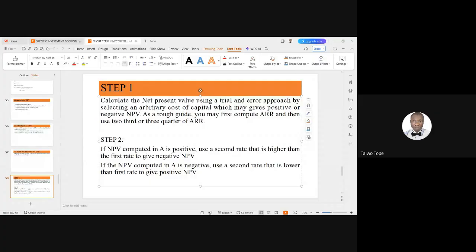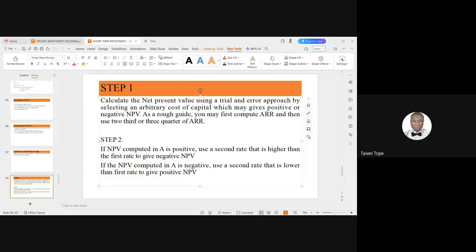So the decision would be, once you compute and the internal rate of return you derive is less than the one quoted in the question, you have to reject because the result, which is less than what is quoted in the question, will bring down the value of the company.